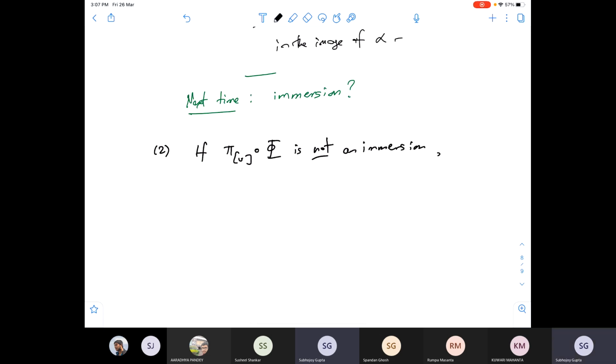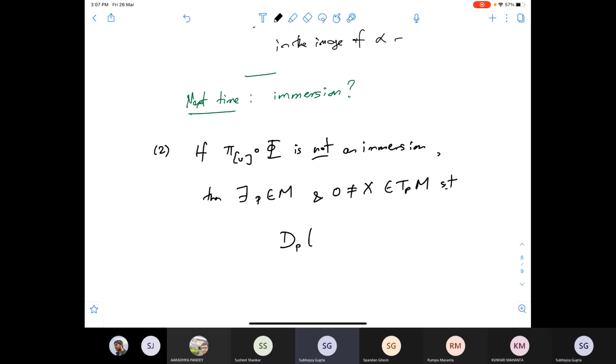Well, it means that there exists some p in M and some non-zero tangent vector in the tangent space at p, so that the derivative at p of this composition, let me write it more clearly, is not injective.